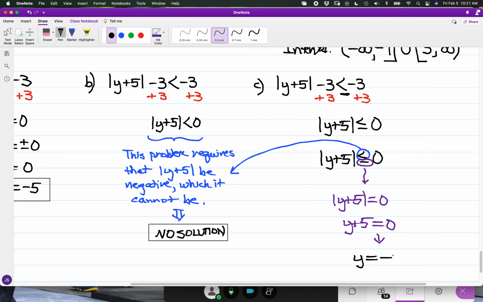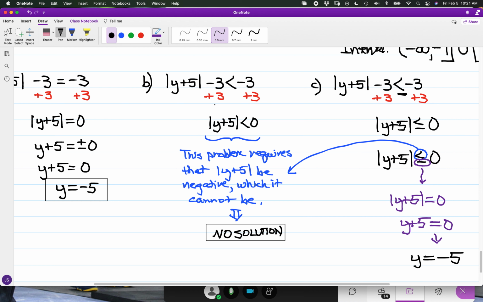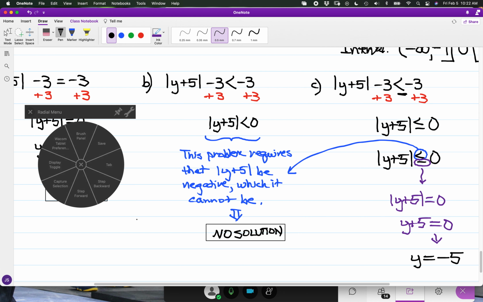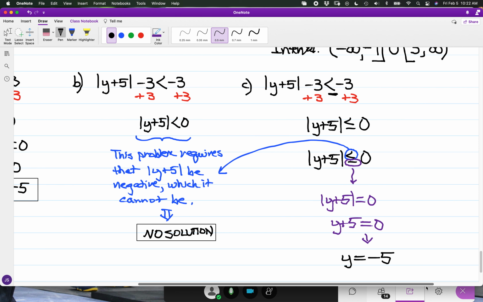So you had that y is equal to negative 5. So basically part C is taking a combination of parts A and B. You had the equation part where we had equal to 0, and then part B where it's asked to be less than 0. So part B had no solution, and the solution to C comes out to that remnant that we had worked with in part A. So we had that y is equal to negative 5.